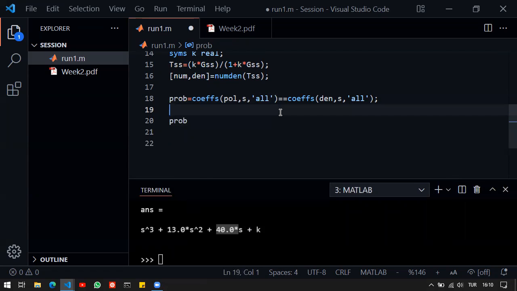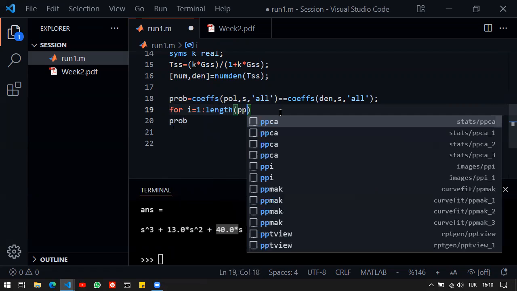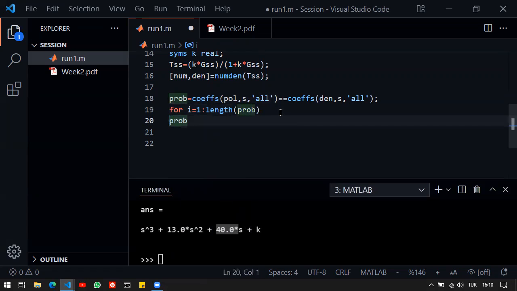What I can do is loop through each of these. The reason why this works in MATLAB is that if you use vectors and then some operations on them, MATLAB tries to do it by element. And if that's possible, it'll just carry on. Therefore, we will have a vector here, vector there.